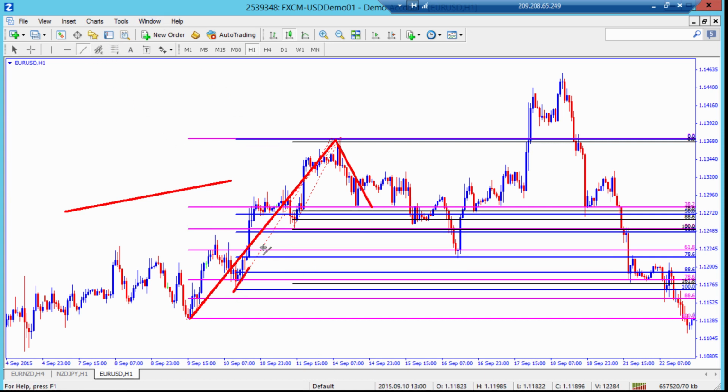From here to here, you have a 50% retracement. From here to here, you have a 786 to 886 retracement.